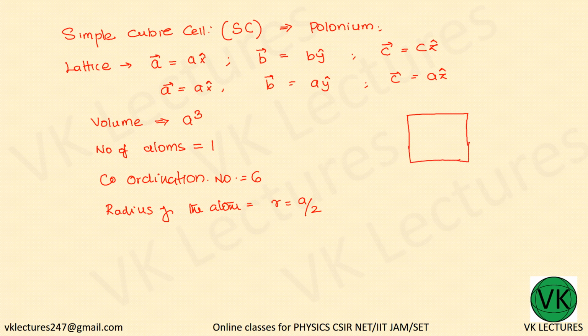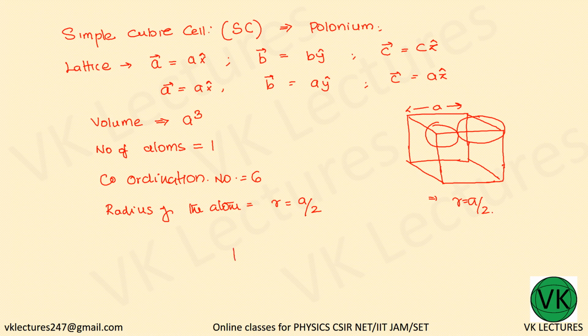And here you have this cube, this entire length is a, and here you have one cell, and here you have another cell, which gives you R is equal to a by 2.